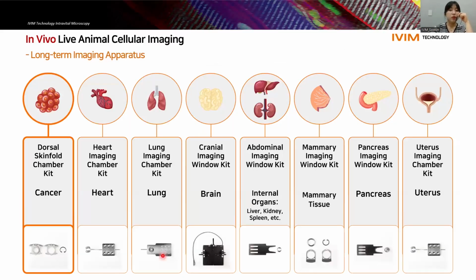As you can see on this slide, we have developed a variety of accessories tailored to the characteristics of different organs. These accessories allow us to perform long-term imaging in living mice under stable conditions. For today's webinar, we used this dorsal skin fold chamber, or DSC, as highlighted here to carry out extended intravital imaging.